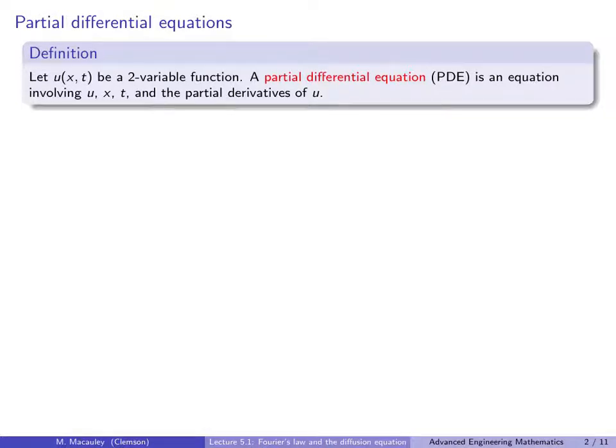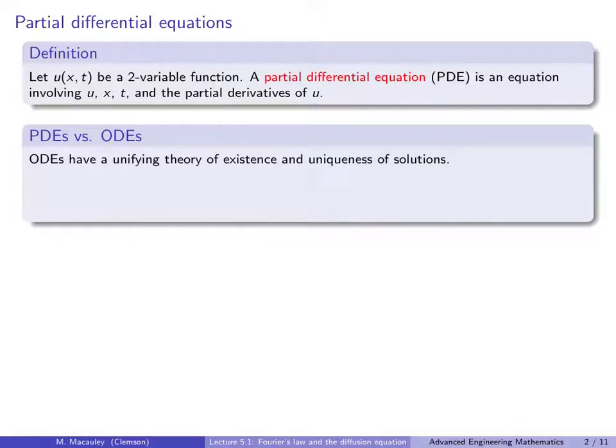Now, though this definition is just for a two-variable function, it should be clear how this generalizes to functions of more variables. Next, let's say a few words comparing PDEs and ODEs. As we've seen, ODEs have a unifying theory of existence and uniqueness of solutions. In particular, if we have a linear homogeneous nth order ODE, then the general solution is a vector space of dimension n.